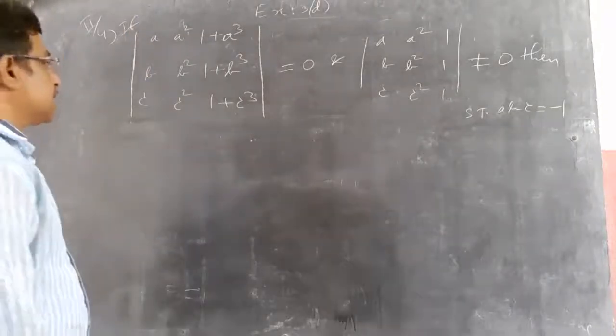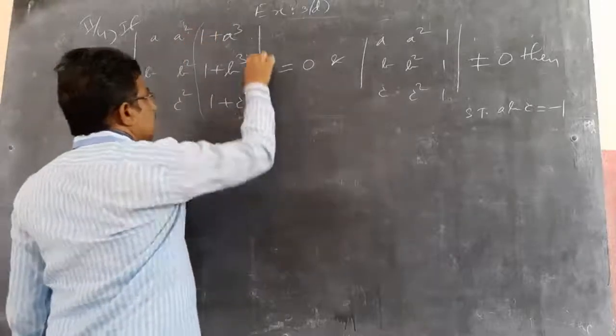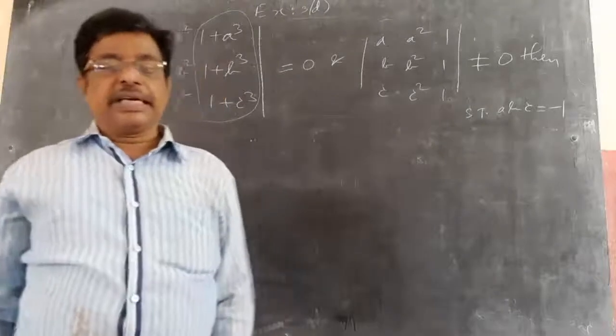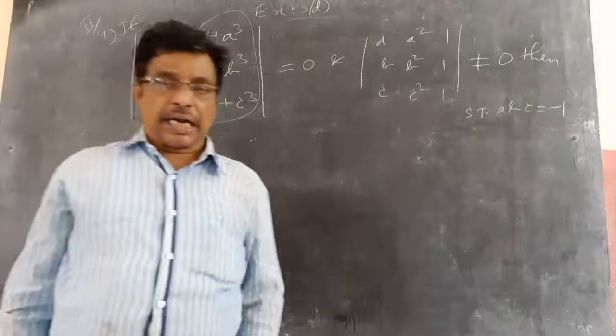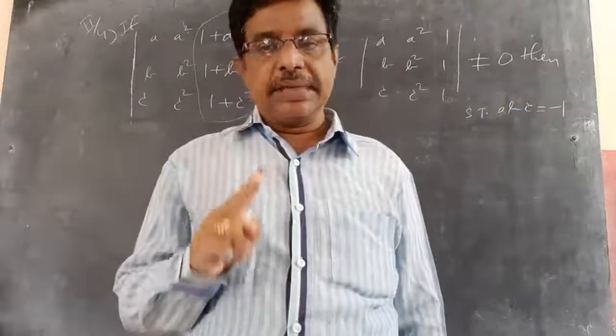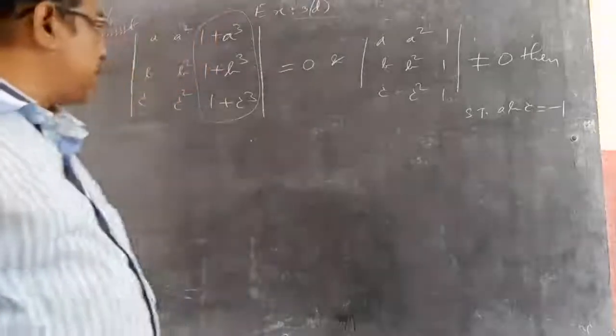The first property I want to apply: according to our fifth property, if any row or column is a sum of two elements, you can split it into two separate determinants.